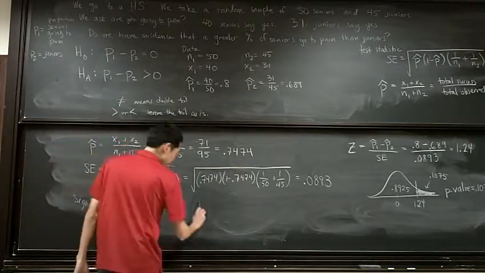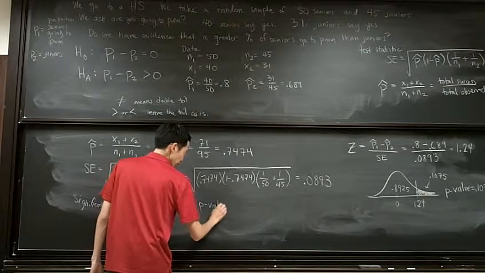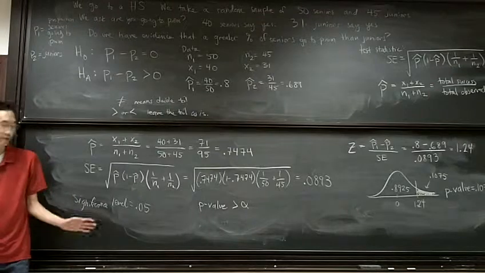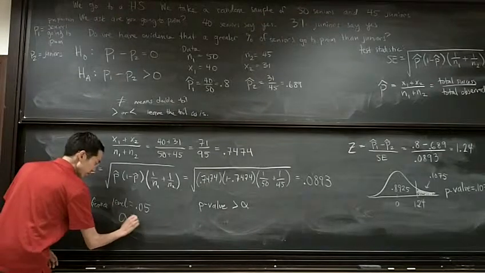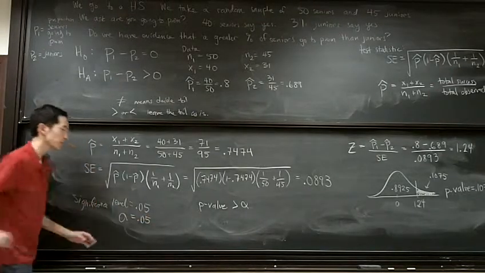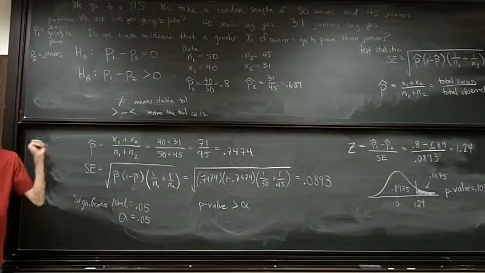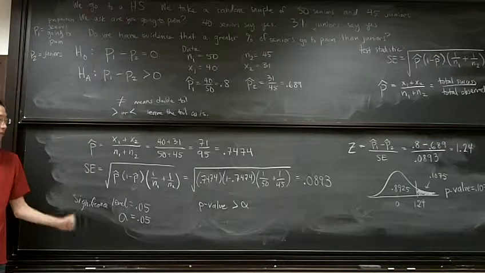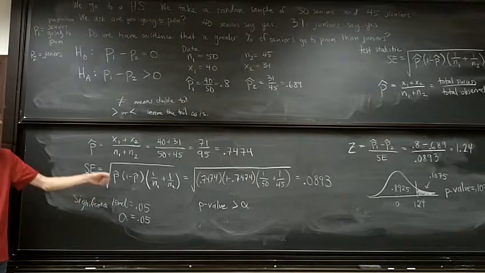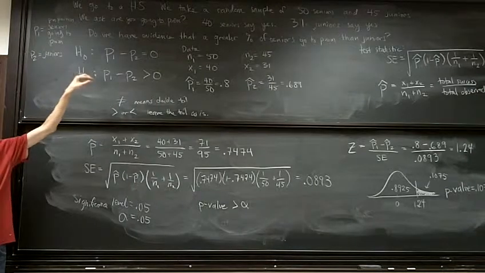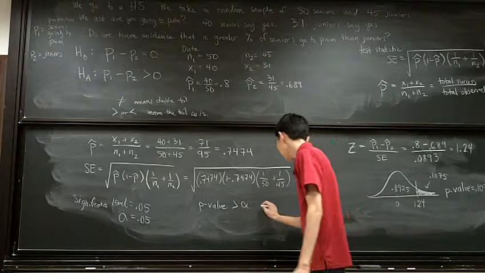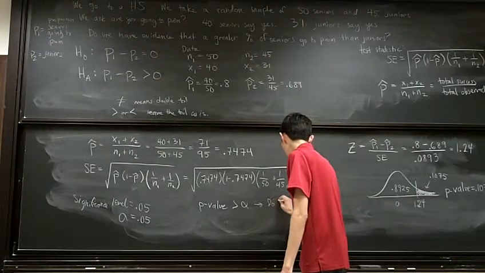So my p-value, I would say, is greater than alpha. Significance level is also called alpha. So my p-value is greater than alpha. So what is my conclusion? When your p-value is greater than alpha, that means we do not reject the null hypothesis.